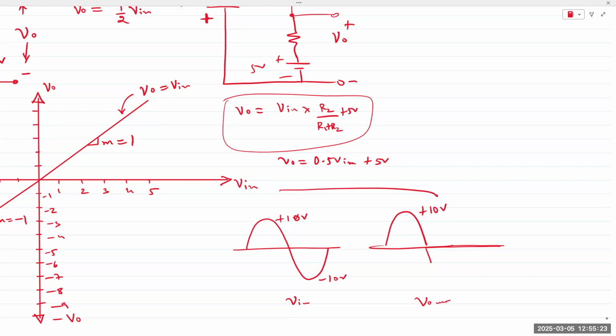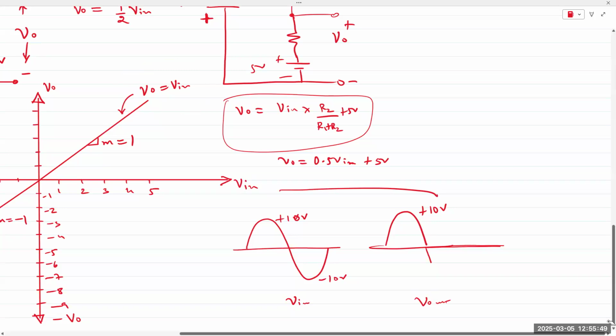VZ is 5 volts. Once it turns on, then we have added that voltage to our V out. Okay, yes. That's the positive half cycle. Positive half cycle, V out is equal to V in, right? That's right here, so that will remain the same.